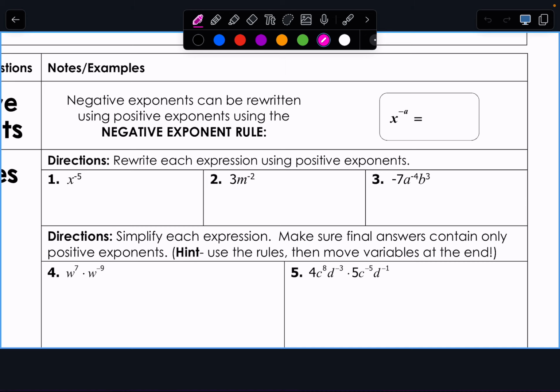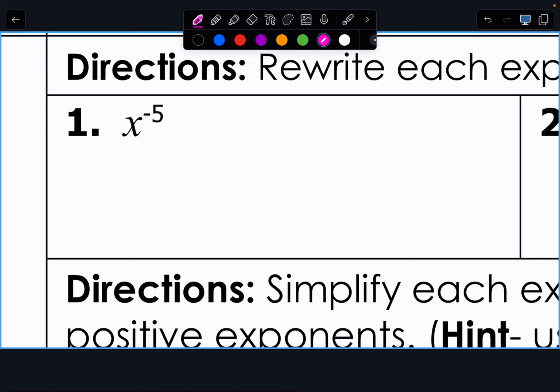Okay, now, where this gets really exciting is when we have more than just one variable, okay? So like this right here, this is straightforward. X to the negative fifth just means 1 over x to the fifth, okay?